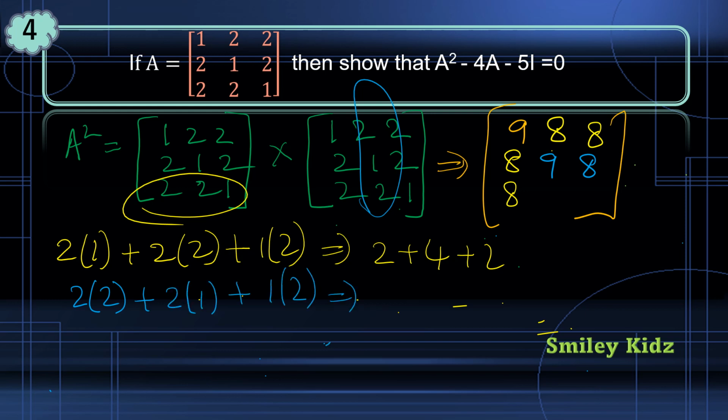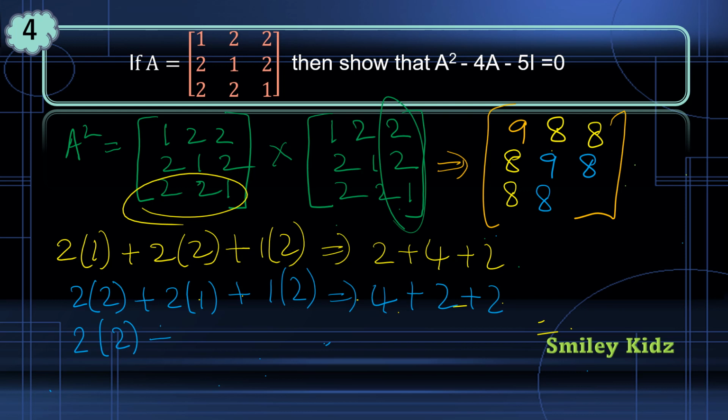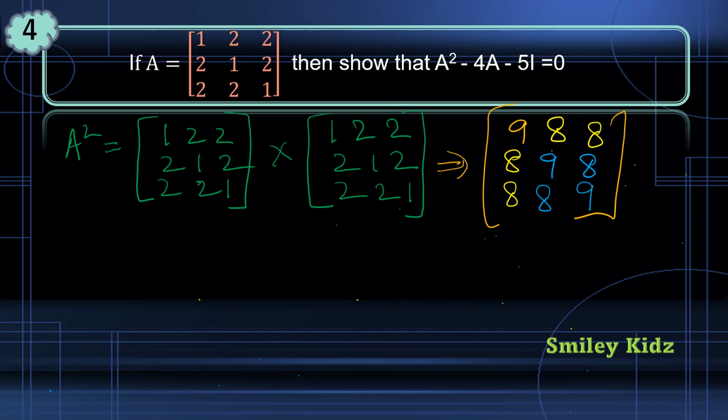This is 4 plus 2 plus 2. Again 8. Then with the third column, you're going to have 2 into 2 plus 2 into 2 plus 1 into 1. This is 4 plus 4 plus 1, that is 9. So this right over here is A squared.